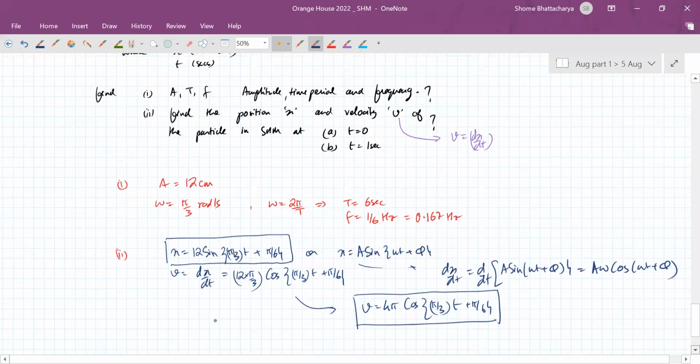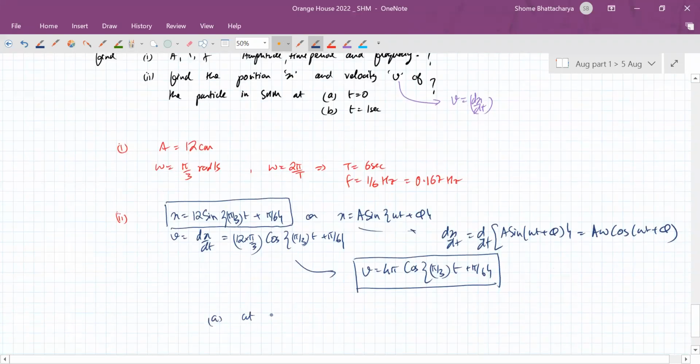Okay. So in the A part, at t equal to 0, the initial position we can write as x naught. It is 12 sine pi by 6. So that is plus 6 centimeters. And the initial velocity, here the velocity is in centimeters per second, because omega is in radians per second and this amplitude is in centimeters.